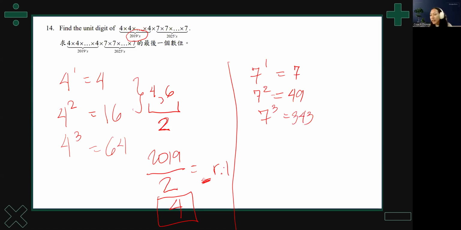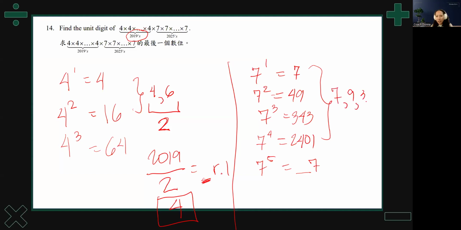Multiply it by 7 again and you'll have a number ending with 1. Multiply it by 7 again and you'll have a number ending with 7. So the pattern is basically 7, 9, 3, 1, every 4 numbers.